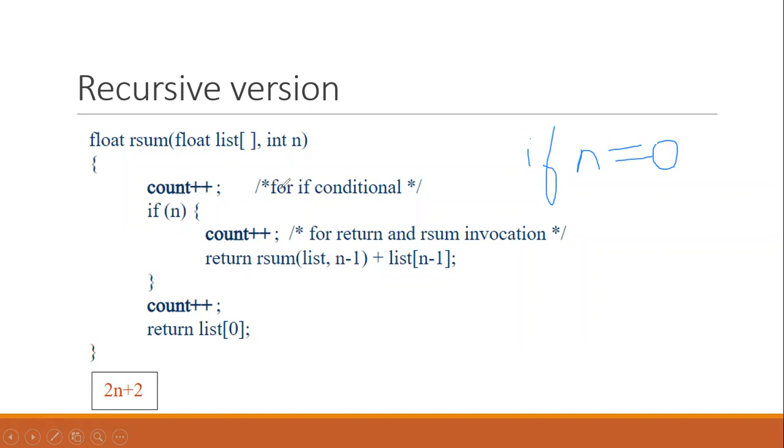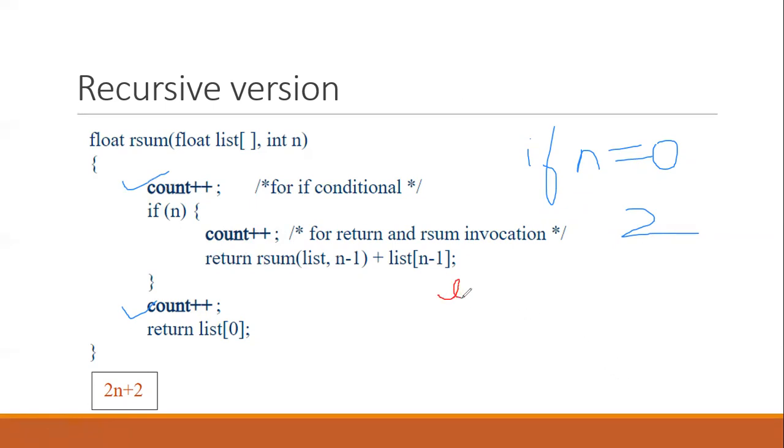Count plus plus of the if condition will be executed, and count plus plus for the return statement will be executed. So for n equal to 0, the step count will be equal to 2. For n equal to 0, this statement and this statement are executed. The statement inside the if and the recursive calls are not executed. So there are 2 steps for n equal to 0.